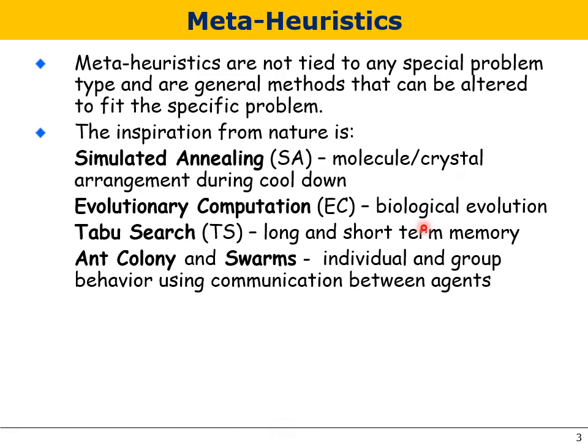It's a distinctive feature of the tabu search algorithm, the use of long and short-term memory. In ant colony optimization or particle swarm optimization, individual and group behavior of different agents are used to solve optimization problems. We will see examples of such algorithms and how they are adapted to solve optimization problems.